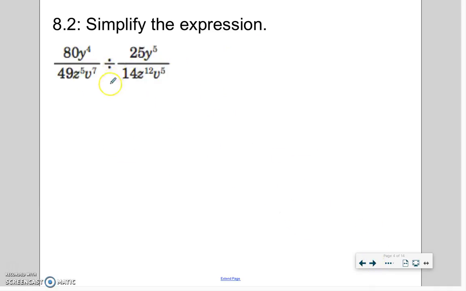Another example. So now it's division. So it's the same concept, but the first fraction, the 80y to the 4th, will stay the same, over 49 z to the 5th, b to the 7th. And I'm going to times it by this new numerator, or other way around, I should say. The denominator is going to move to the numerator. The numerator is going to move to the denominator.